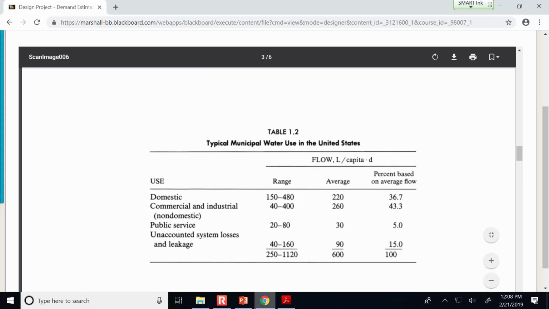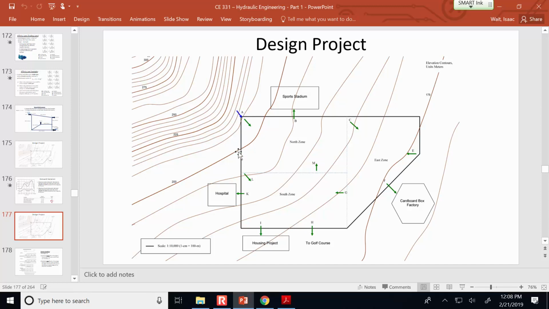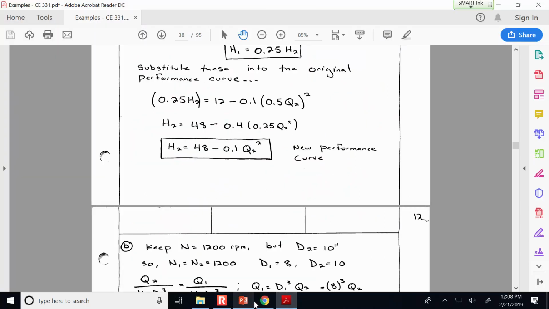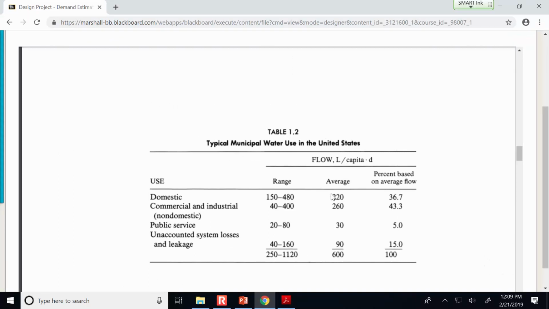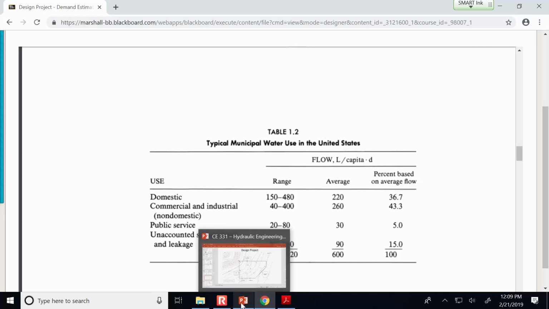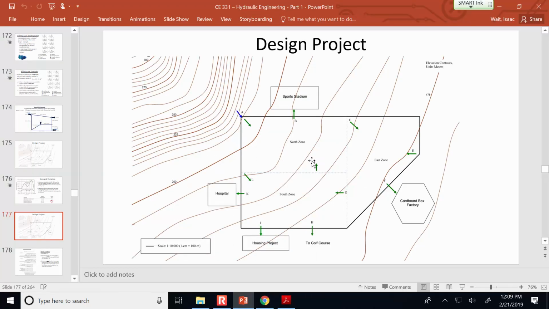On the map, if you know that this particular section, the north zone, is 50 hectares, and you've got 150 people per hectare, that tells you how many people are living in here. Then you can go to a data source like this and find out the number of liters per day that people are using. So you can find out how many liters per day is required inside a certain part of your network. Here in the north zone, you now have an idea of the residential demand for water.